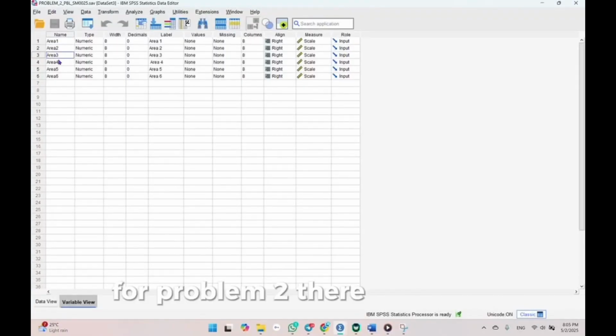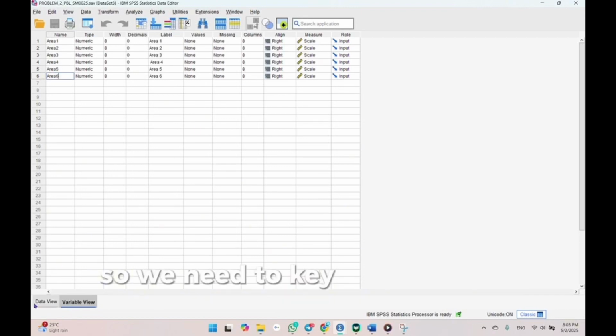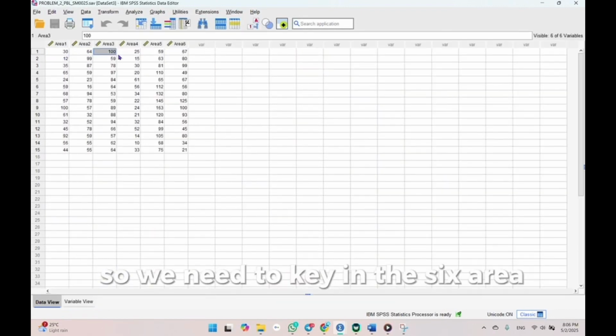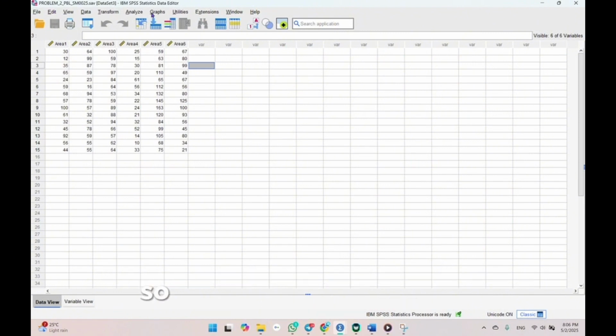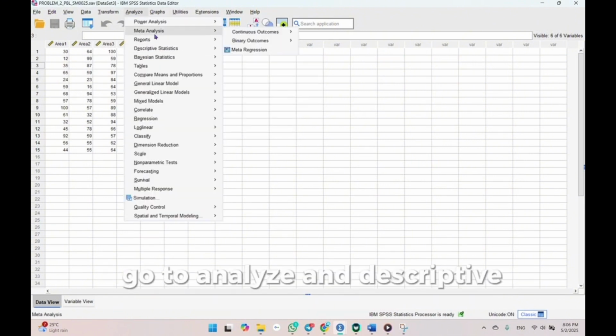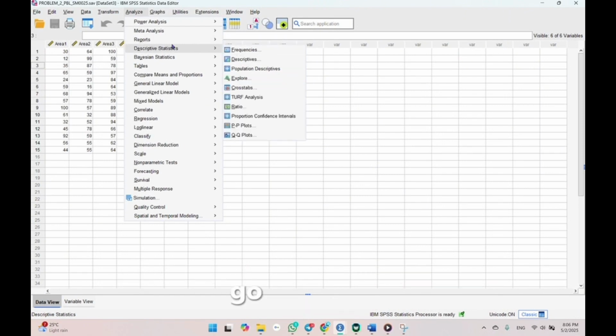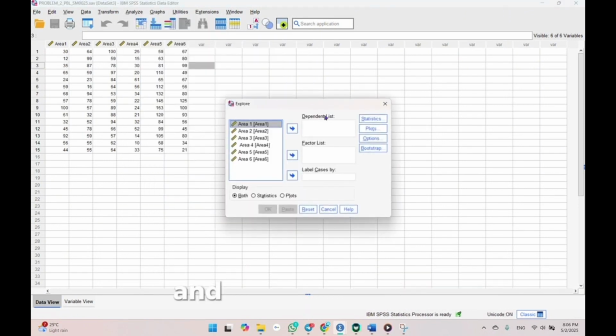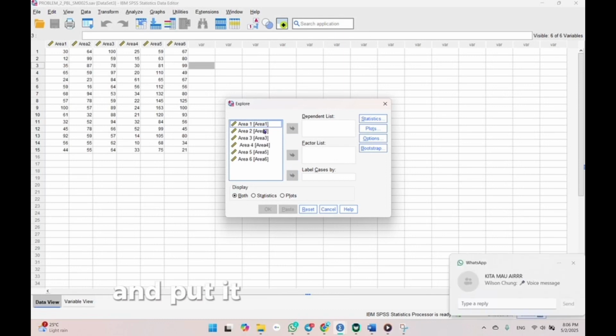For problem 2, there are 6 areas, so we need to key in the 6 areas' data into SPSS so we can create the graph. Go to Analyze, Descriptive Statistics, go to Explore, and select all the areas and put them in the dependent list.